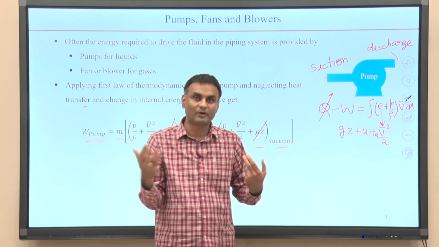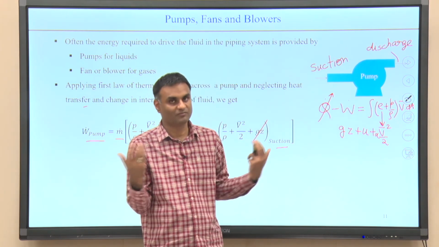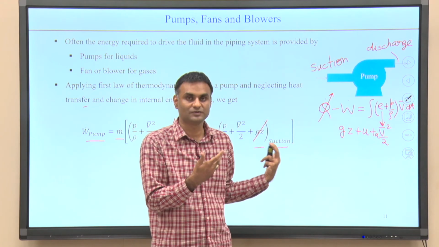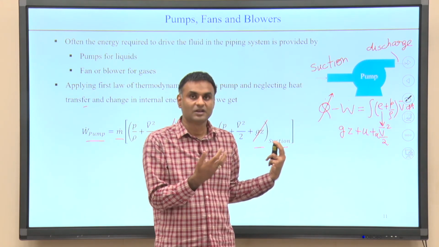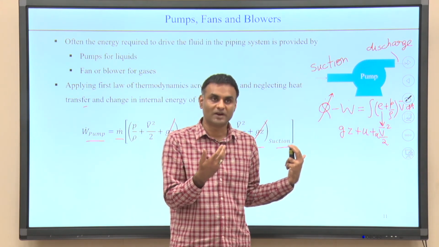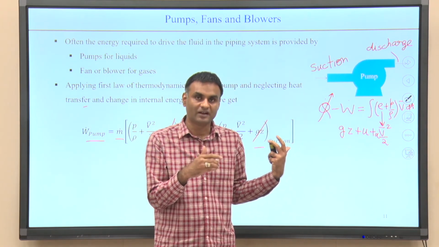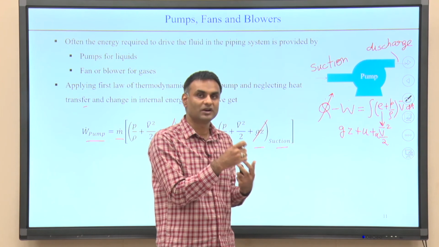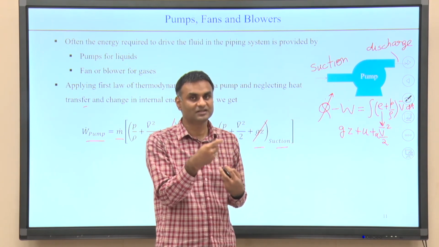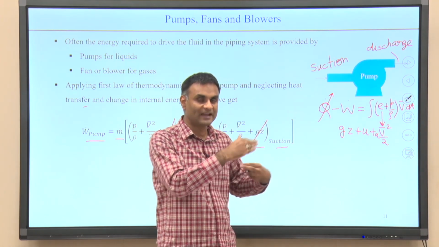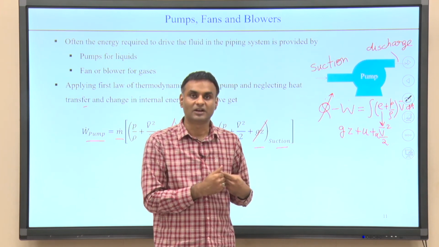So, if you talk about liquids, for which the pump is used, a liquid is an incompressible fluid. So, for an incompressible fluid, mass flow rate is going to be the same and density is constant. So, the density at the inlet and outlet will be the same.